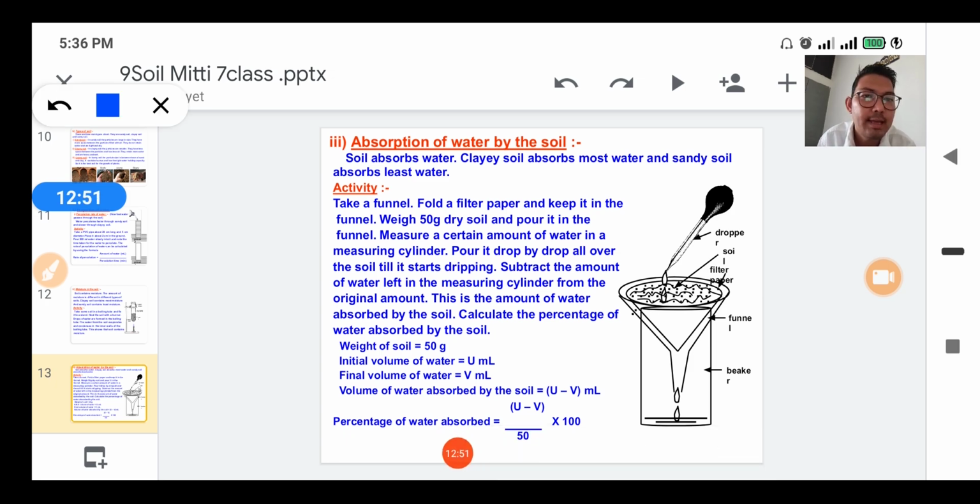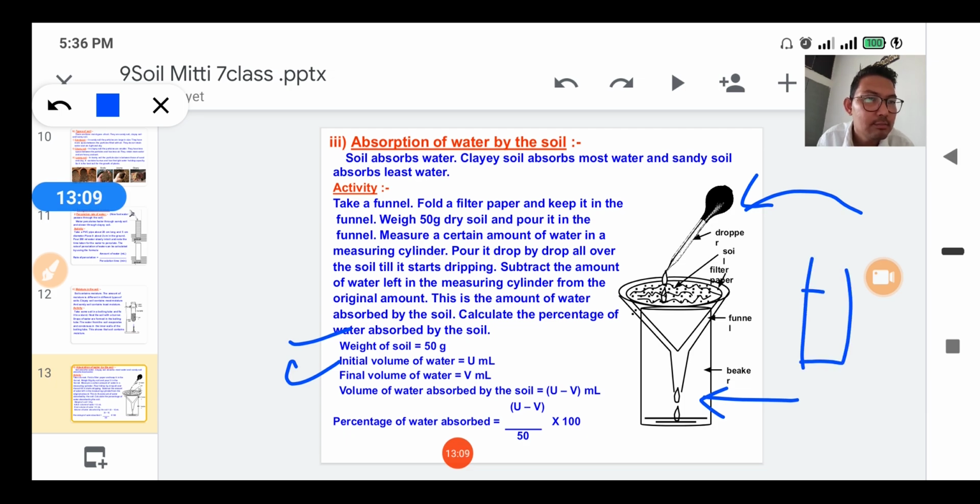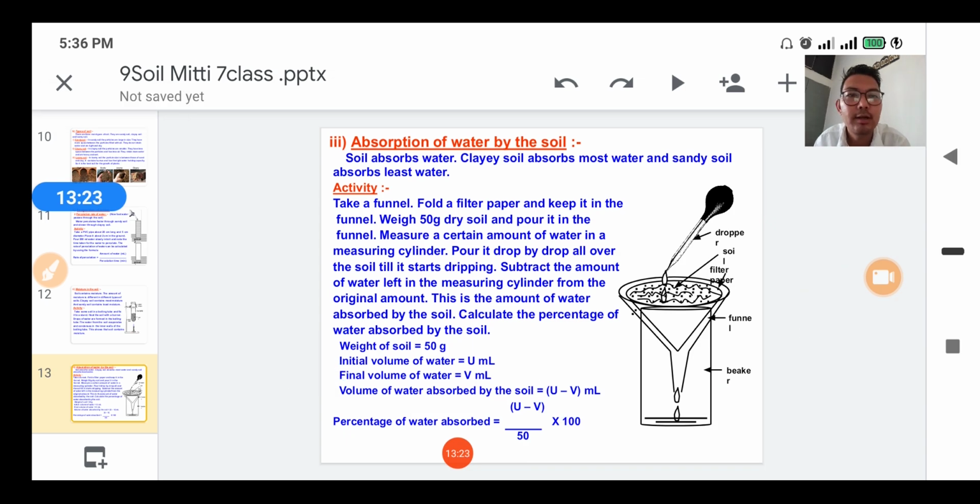So we had taken 50 gram of soil and the initial volume of water is U ml, and after we pour some of the water in the funnel till it starts dripping, the water left in the measuring cylinder is now less, so that we call the final volume of water V. So volume of water absorbed by the soil is U minus V. And how will we calculate percentage?